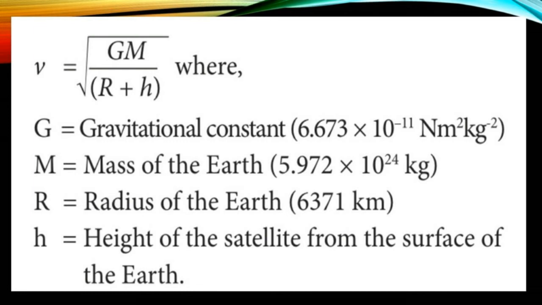M is the mass of the Earth, 5.972 into 10 to the power 24 kilogram. R is the radius of the Earth, 6371 kilometer. h is the height of the satellite from the surface of the Earth.